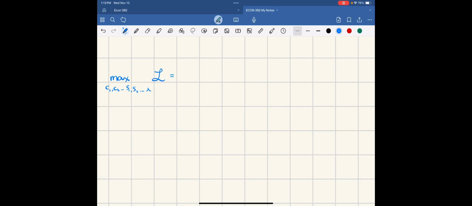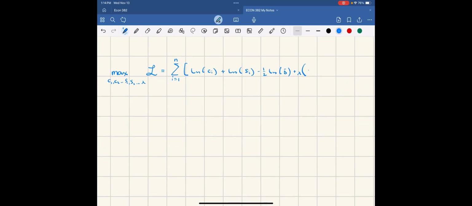So that's going to be the sum from i equals 1 to n over all the individuals of natural log of Ci plus natural log of Si minus 1/2 natural log of S bar, plus lambda times income of individual i minus PC Ci minus PS Si.